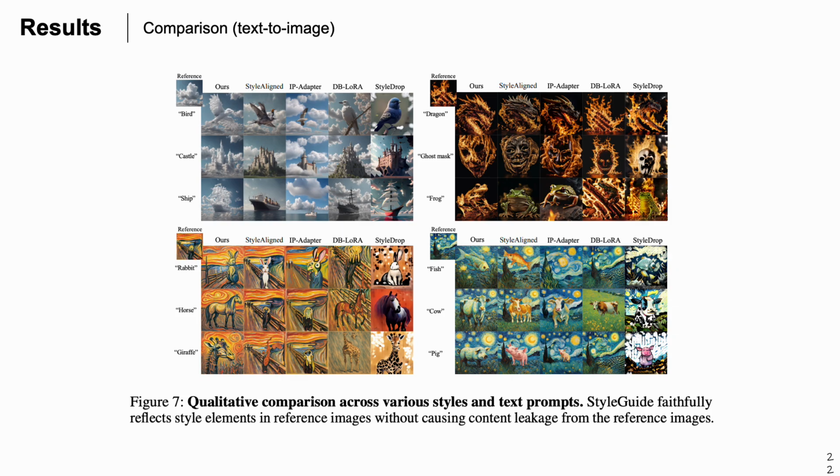The generated images align closely with the text prompts without introducing unintended elements, avoiding content leakage. Third, robustness. Our method performs consistently across diverse styles such as clouds, flames, and artistic strokes. In short, our method achieves superior style transfer while faithfully preserving the content specified in the text prompt, making it more reliable than existing approaches.